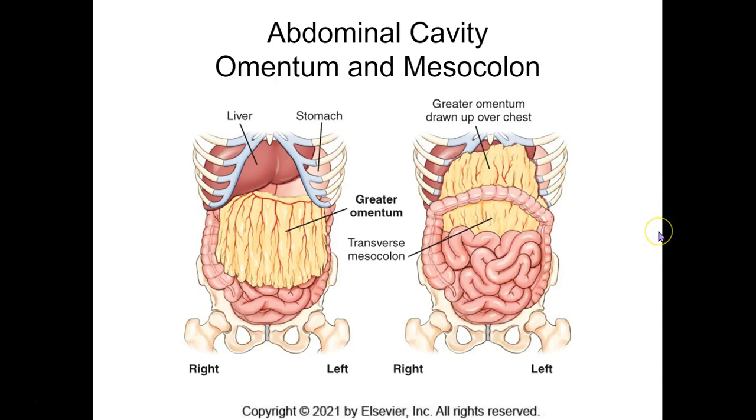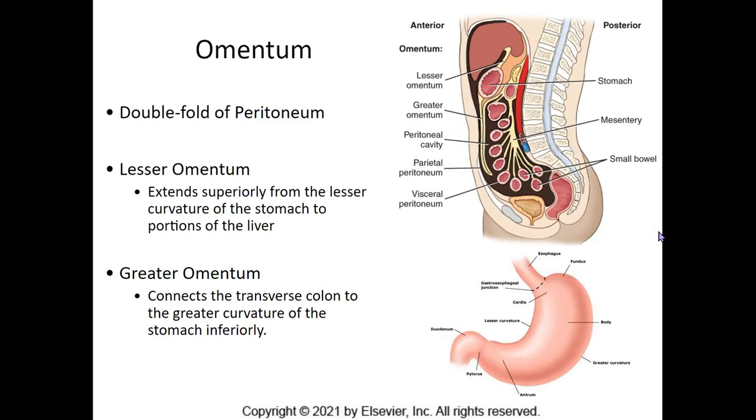Okay, let's go back a slide. Here's your greater omentum. Can you see how it looks like an apron? Fatty apron, it covers the small intestine. But I need you to remember the lesser omentum connects stomach and liver. The greater omentum connects transverse colon and stomach.